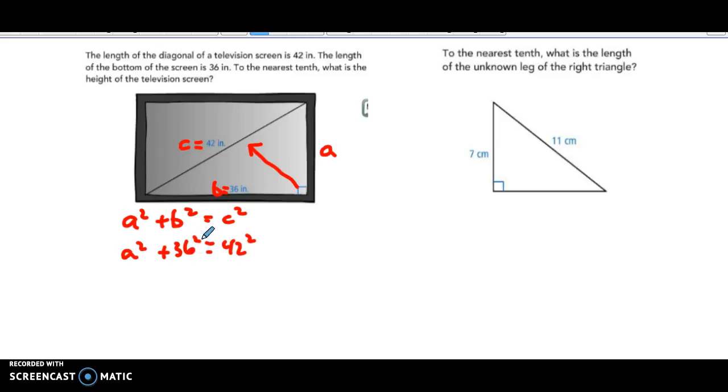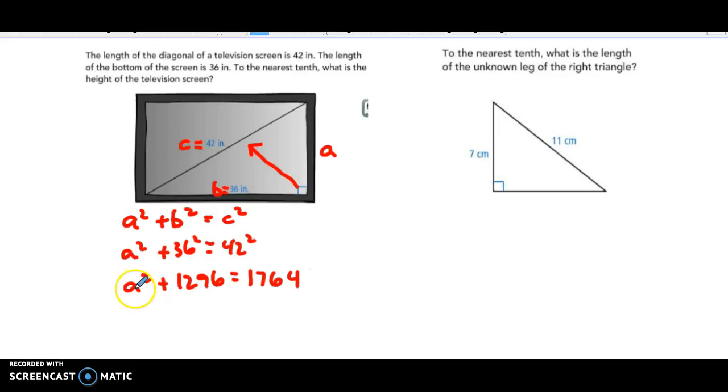So I've written my equation, I've substituted the values that I know, and now I'm going to simplify and solve to find the value that I don't know. So 36 squared is 1,296. And 42 squared is 1,764.